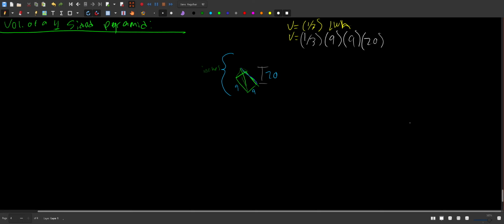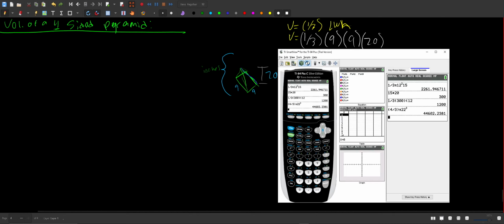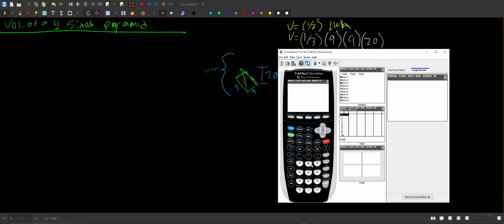If we plug that into our calculator here, we're going to have 1 divided by 3 times 9 times 9 times 20. Forgot my parenthesis over here.